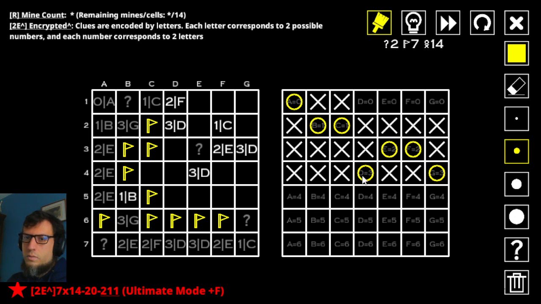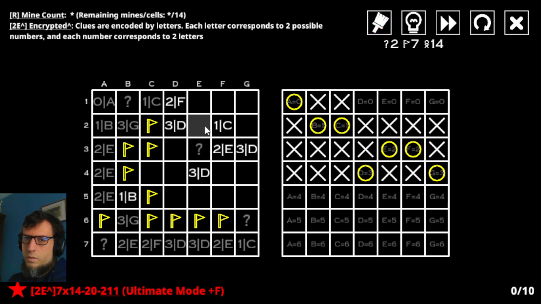Furthermore, E and D do not have the same values. They can't both be 3, and they can't both be 3, 2, or 1, right? And they also can't both be 0. That means there has to be a different amount of mines between the E and the D. And that means this must be a mine. Okay. And that means that must not.